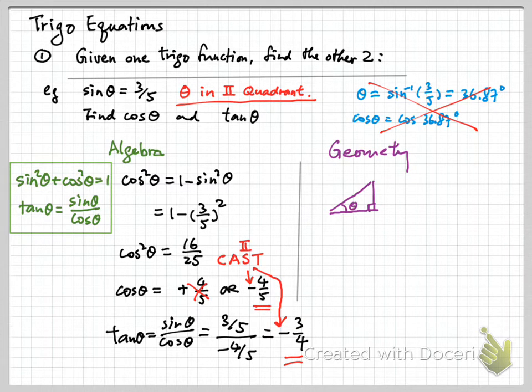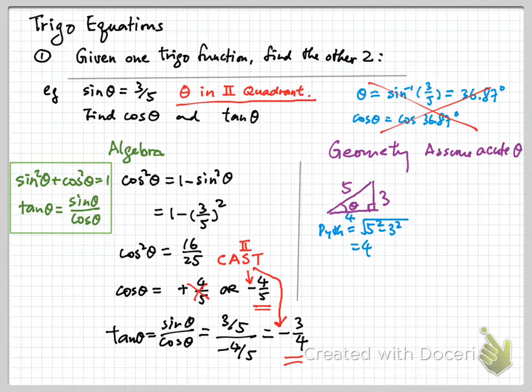Let's assume theta is acute. Assume acute angle theta, so we can draw the right angle triangle. In that case, sine theta will be 3/5. Alright, so we can invoke Pythagoras theorem to find out the remaining side. The last one will be the square root of 5 squared minus 3 squared, which equals 4. Alright, so we know this line is a 4.